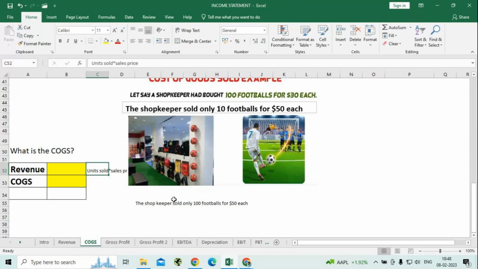What is the number of units sold in this, as per the information available here? Please give me the answer. What is the number of units sold as per the information available on the screen?